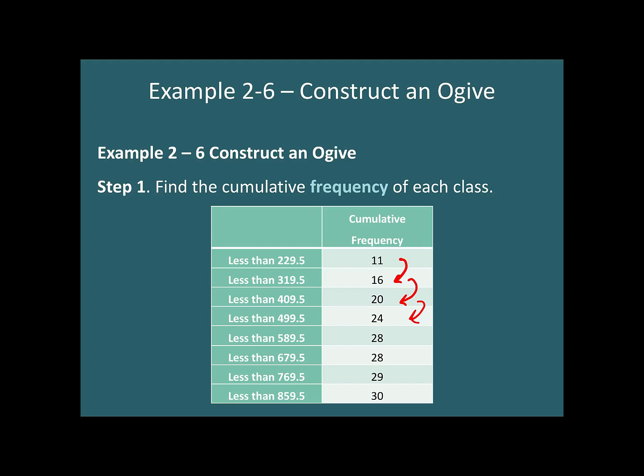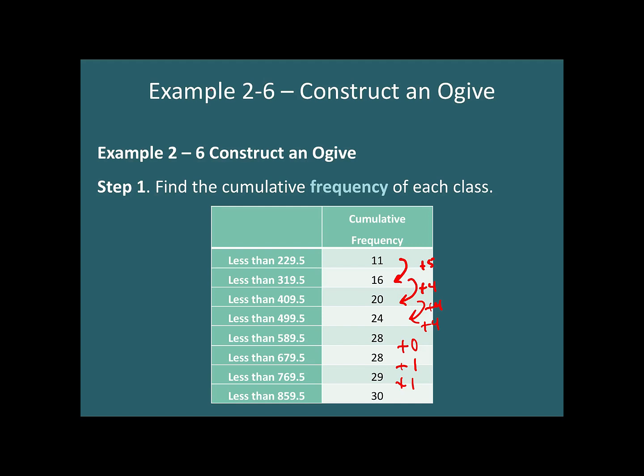So how did we get from 11 to 16? Simply, we added 5 from the second class. Then 16 to 20, we added 4. And if you recall, there were 3 classes in a row that had 4. So if I add another 4, I get 24. If I add another 4, I get 28. And you'll notice I go 28, 28 twice. That's because, if you recall, one of the classes had 0. And then the next 2 classes had 1 to get us up to 30.